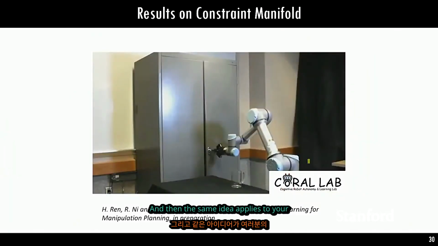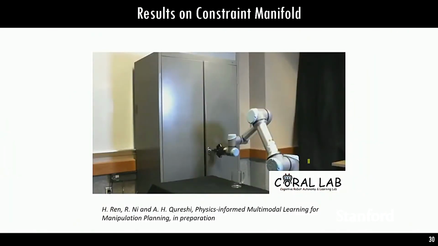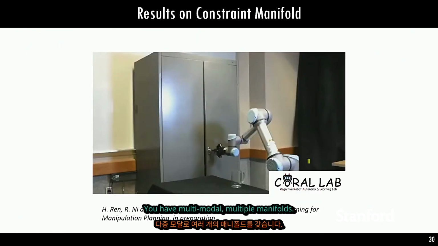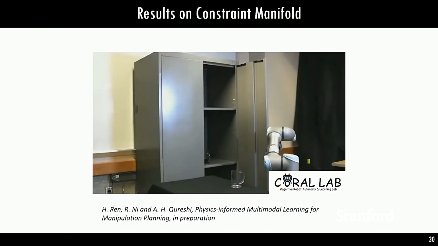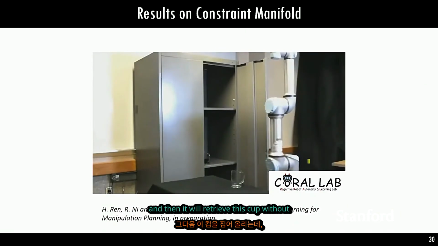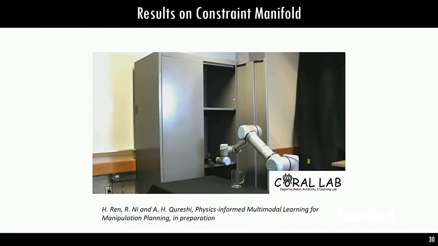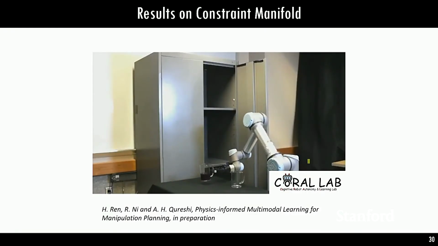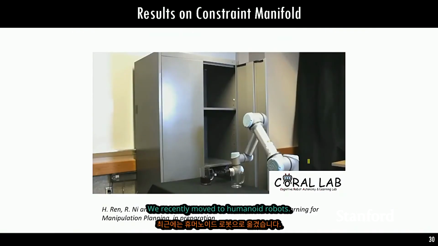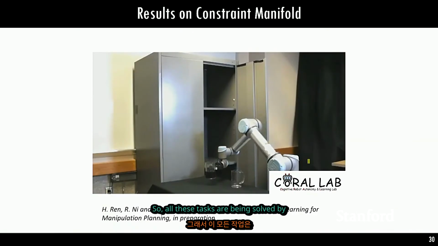And then the same idea applies to multimodal manipulation. You have multiple manifolds. You can represent them as basis functions and combine them to get a trajectory. So this is one neural model doing door opening, and then it will retrieve this cup without tilting, and then it will do this pouring task. We recently moved to humanoid robots, so all these tasks are being solved by humanoids.